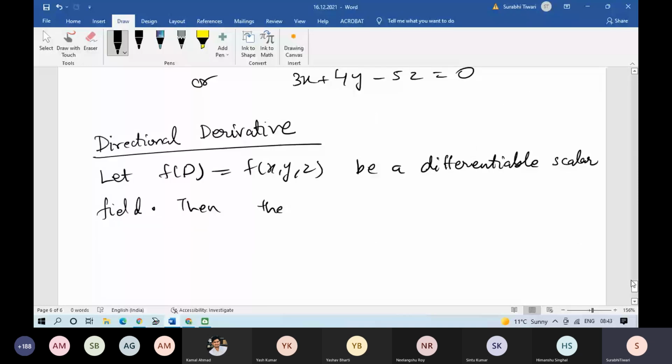Now direction means a vector, a given vector is given and you are finding the derivative in that direction. ठीक, in the direction of that vector.